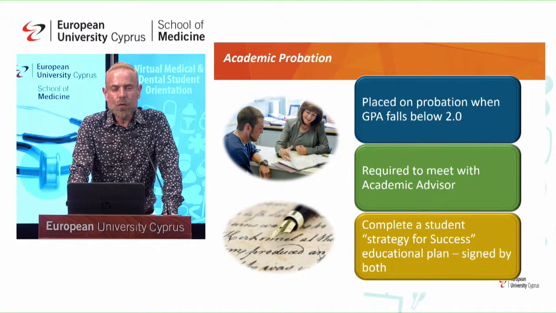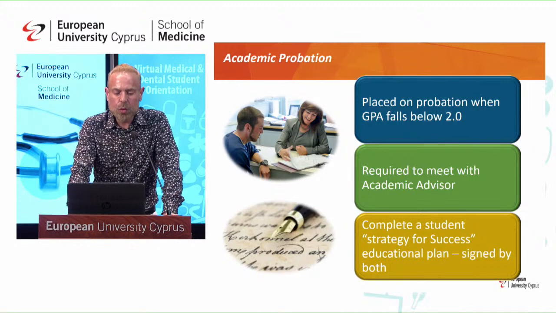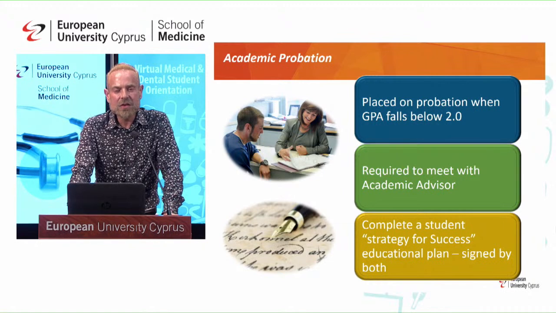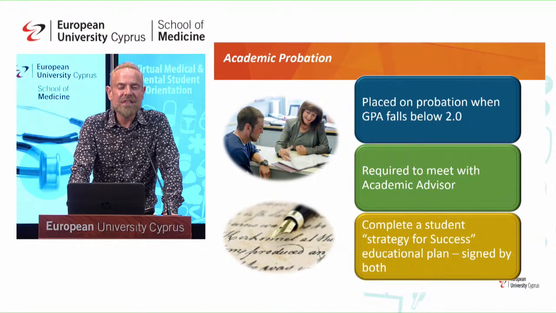If your GPA falls below 2, you will be placed in academic probation. You will need to discuss with your academic advisor and see why you have failed to achieve the minimum GPA required for you to graduate.